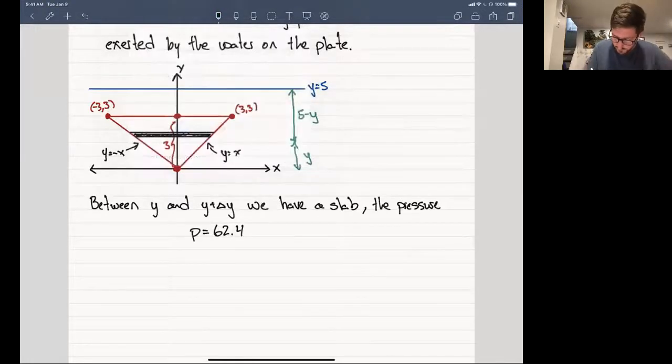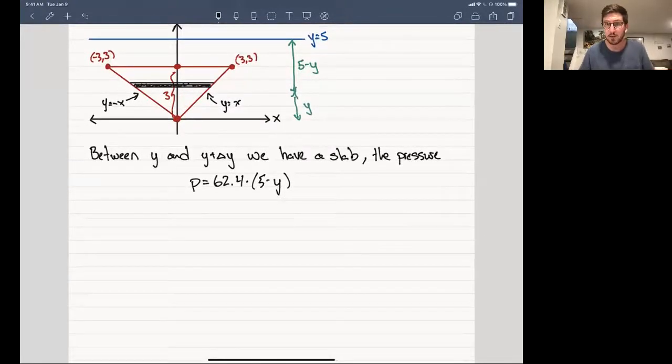So that tells me the depth is 5 minus y. Okay, then what is the area of this slab?